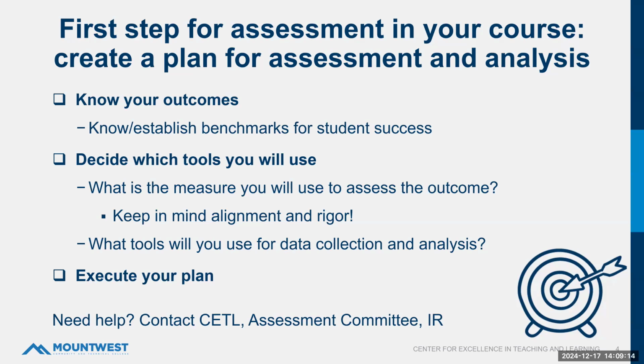If this data is coming from assignments that you're going to hand back to your students, make sure you collect that data so you have it even after you've handed those assignments back. And then even thinking about your data analysis, what tools are you going to use? Are you going to be using rubrics, or are you going to be looking at exam scores? What are the specific measures and data that you're going to need?